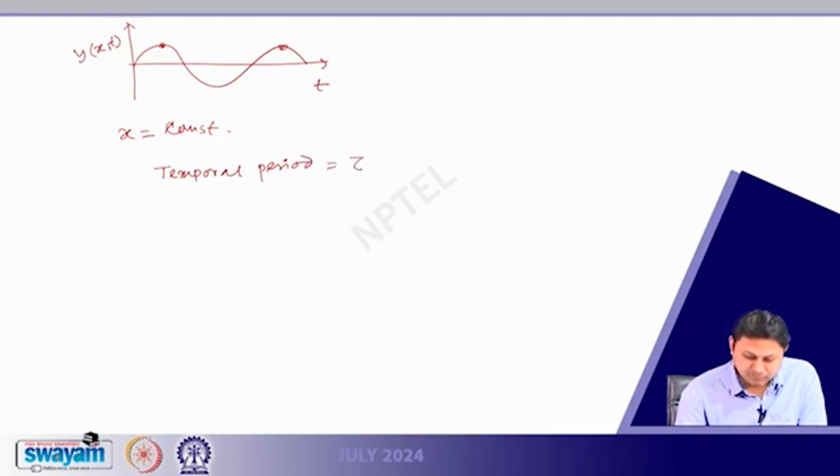We write it as tau. Like in the previous case, I have x t equal to y x t plus minus tau. I'm going to get the same function.